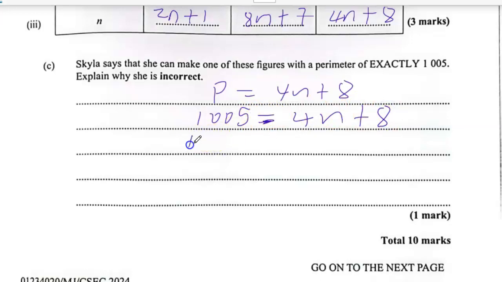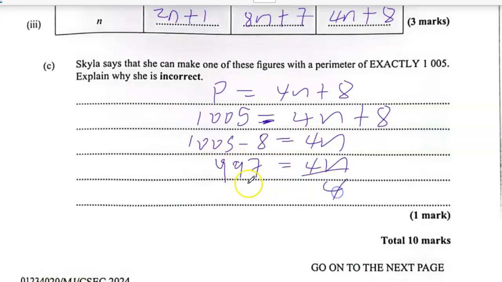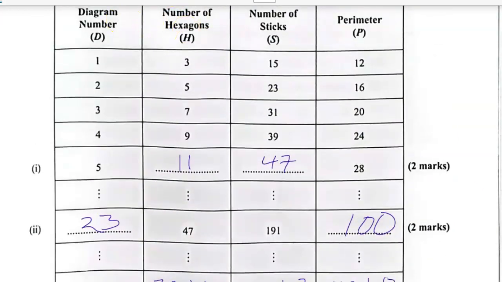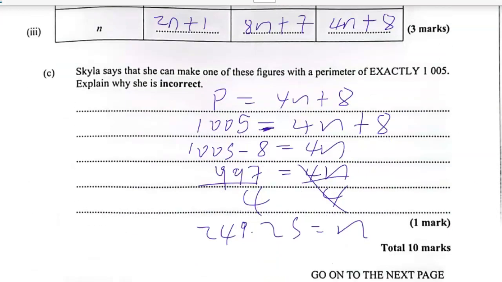So we're left with 1005 minus 8 equal to 4n. That's 997 equal to 4n. Divide both sides by 4. We end up with decimals, 249.25 or something like that. And of course, n cannot be a decimal. So this tells us that Skylar's claim is incorrect.